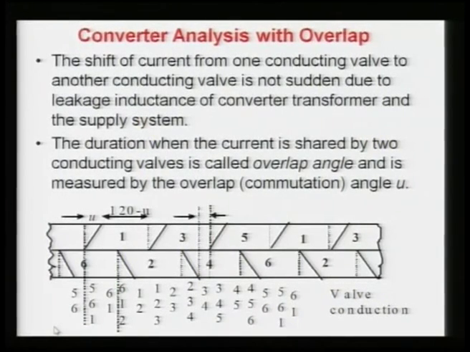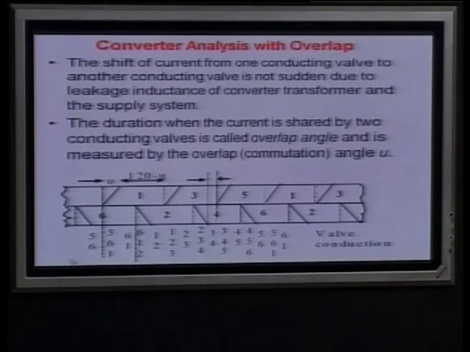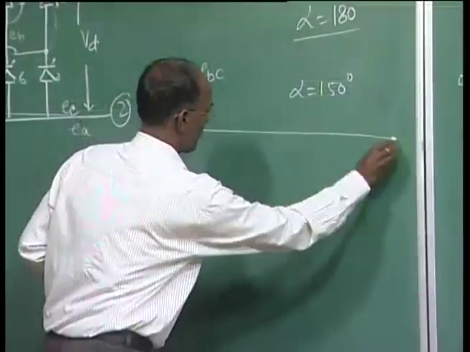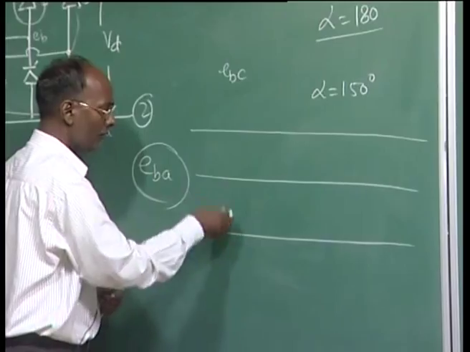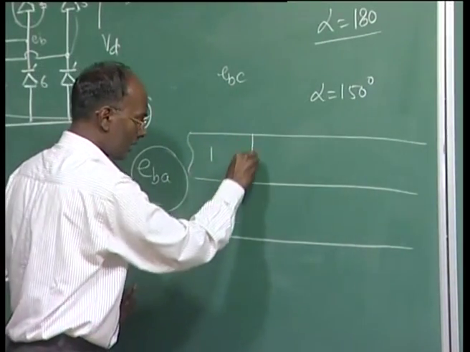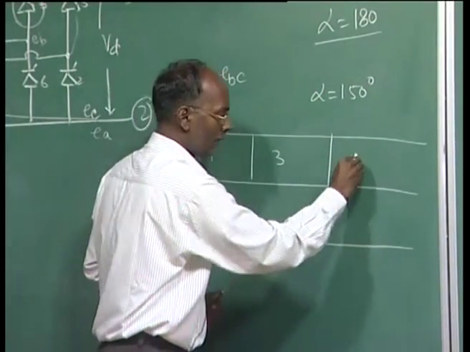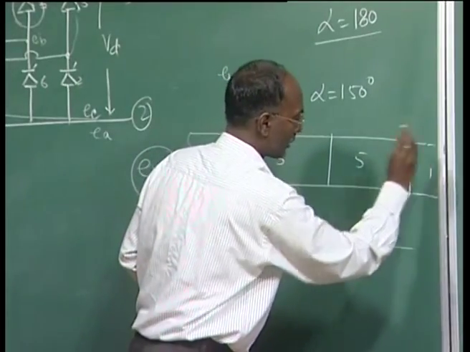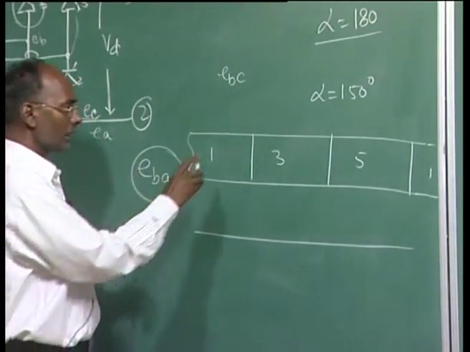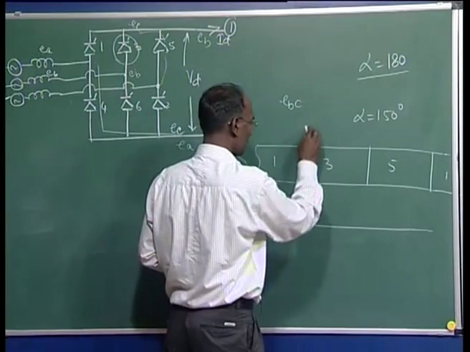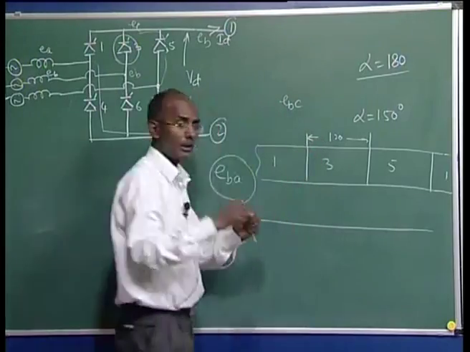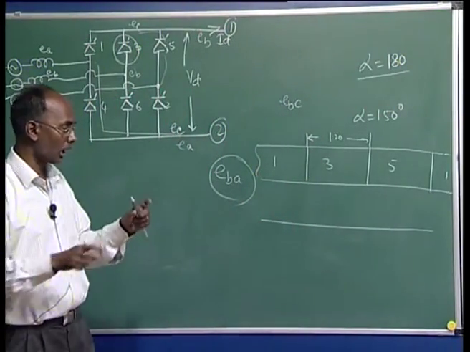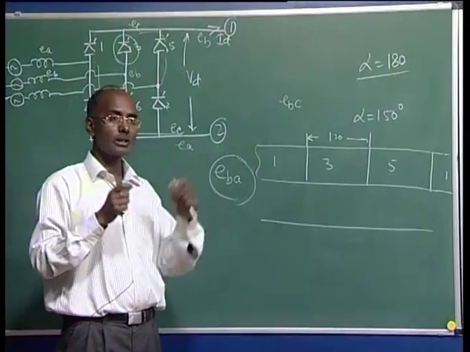To show the commutation here, again this was the case. Now, I can say we have these two lines, upper limb valves and lower limb valves. Here I can say 1, here it was 3, here it was 5, and again 1 and so on. The conduction of each is 120 degree, which means each valve in the upper limb is conducting for 120 degree. However, the pairs were conducting for 60 degree.